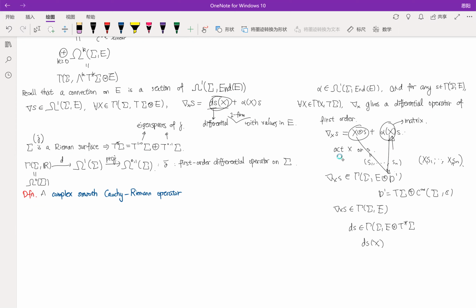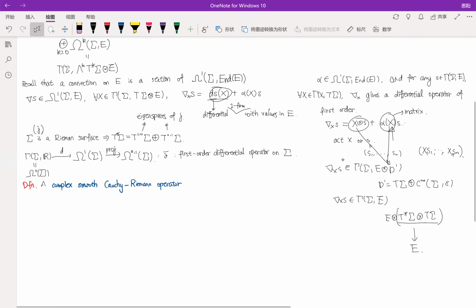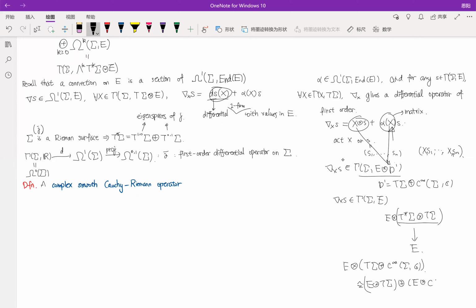So that is when we tensor with the tangent bundle, and then we contract the two dual bundles to become E. And in this case, we can rewrite the bundle as E tensor with T sigma direct sum with the C infinity of sigma and C. So it will become E tensor with the T sigma, and then direct sum with the C infinity sigma C, which is the coefficient string.